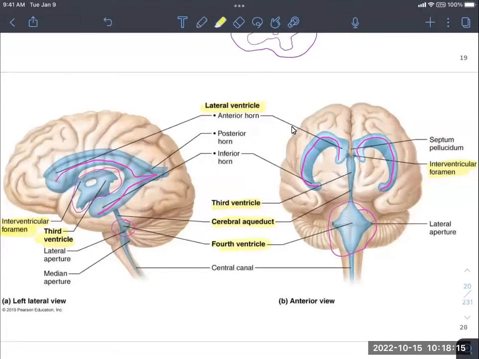That fourth ventricle has openings at that lateral aperture that helps to send cerebral spinal fluid out and around your brain here. And that fourth ventricle also sends cerebral spinal fluid down to the central canal of the spinal cord.